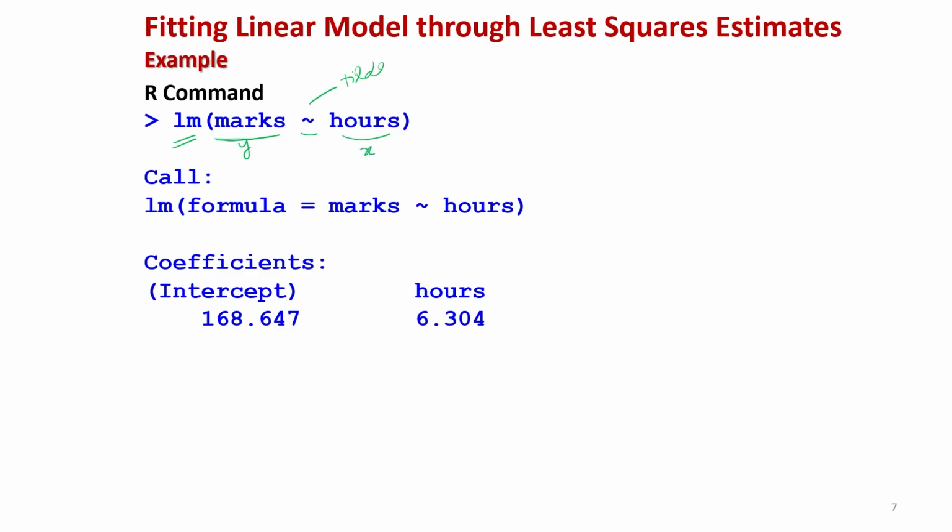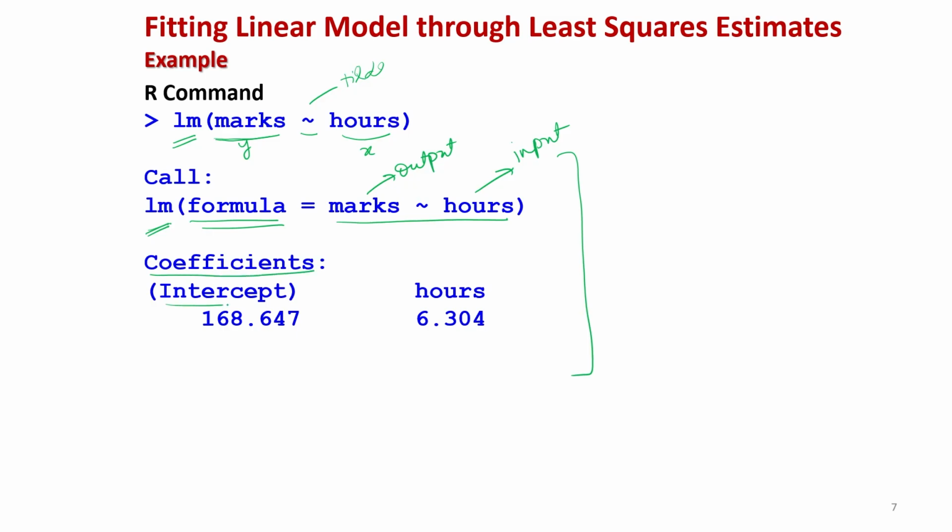Then I get this outcome: lm formula is equal to marks tilde hours. This is how you interpret it: marks is your output variable and hours is your input variable. Now you are getting the coefficients.